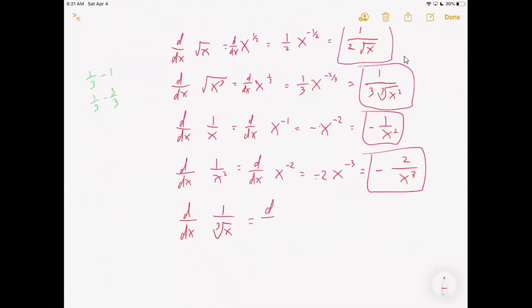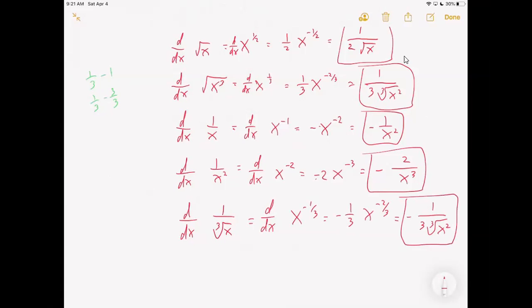This would be the derivative with respect to x of x to the negative 1/3. Therefore, negative 1/3 x to the negative 2/3. If you want to write that algebraically, negative 1 over 3 times the cube root of x squared... it looks like the cube root of x squared in the denominator.